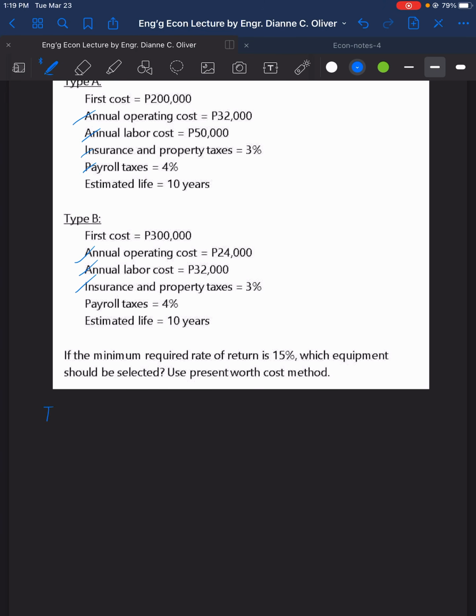So for type A, since they are all annual, we might as well get the annual costs. And we will exclude the depreciation here.